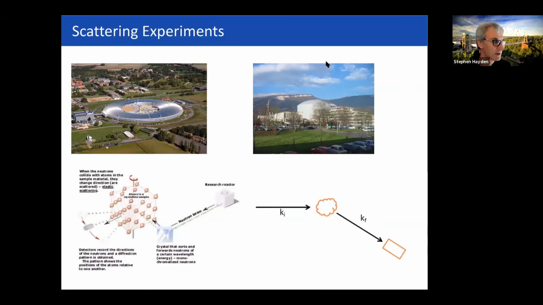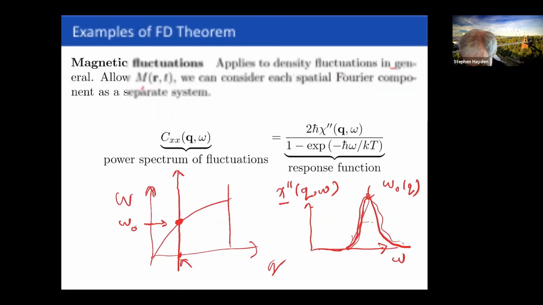Okay, so the last bit, I wanted to say a bit about scattering experiments, because this is actually a way of experimentally measuring all these things. A little bit of a change of gear here. If we look at the fluctuation dissipation theorem, on one side we've got the fluctuations themselves, and here we've got the response function, which is related to the dissipation in the system, and it remarkably connects the two things.